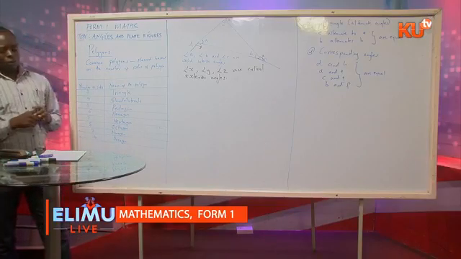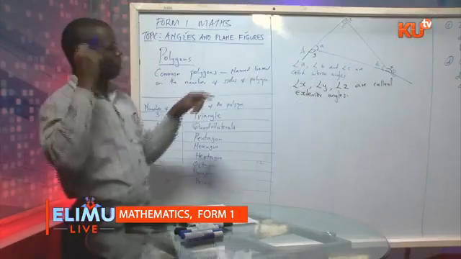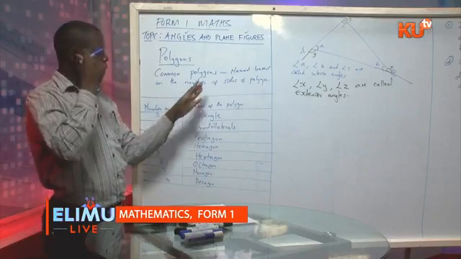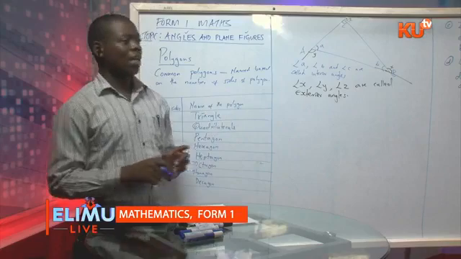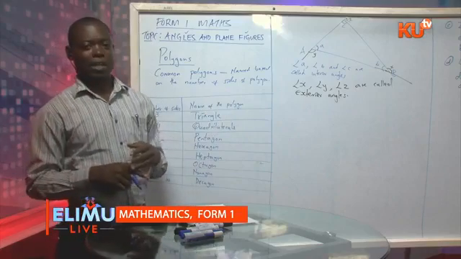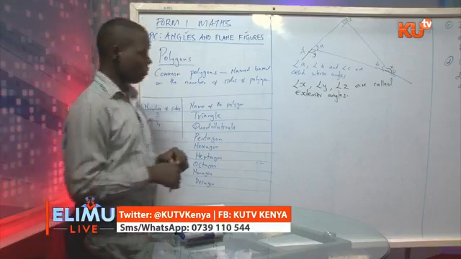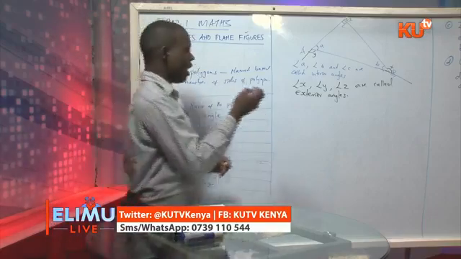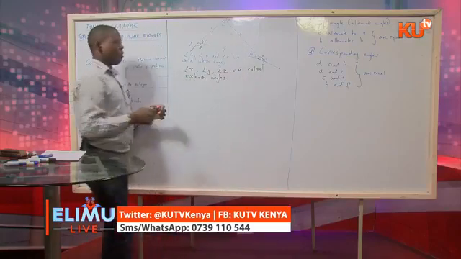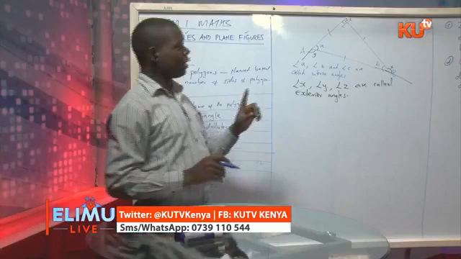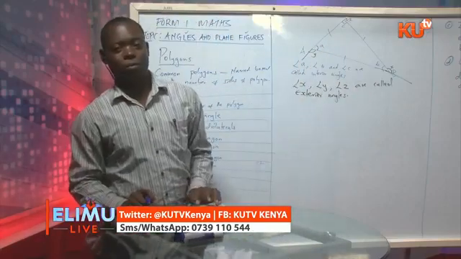Looking at our polygon, students should be able to tell that this is a triangle, but we are using it as a representative of all these polygons. This polygon has an exact number of sides, and we assume that all the sides are equal. Then it definitely tells you that the angles inside this polygon will also be equal.